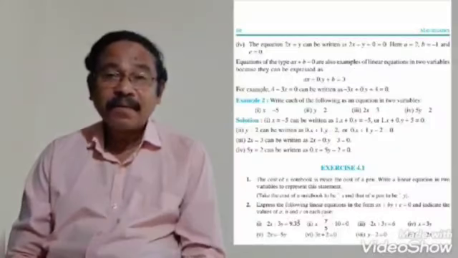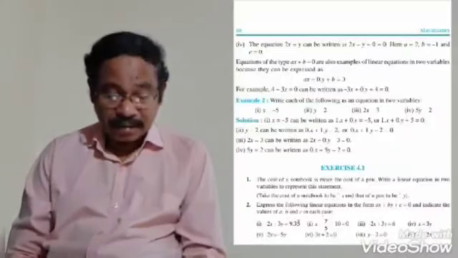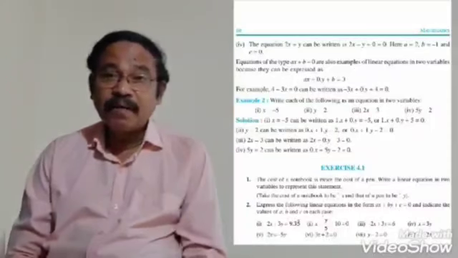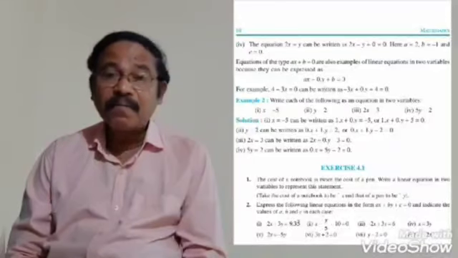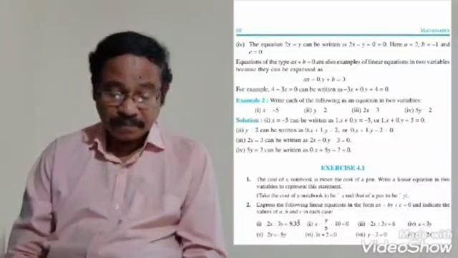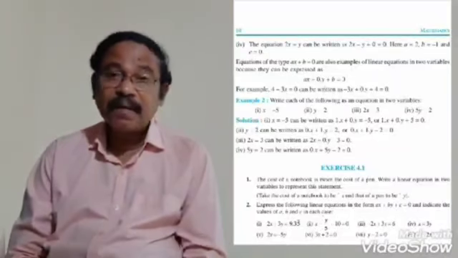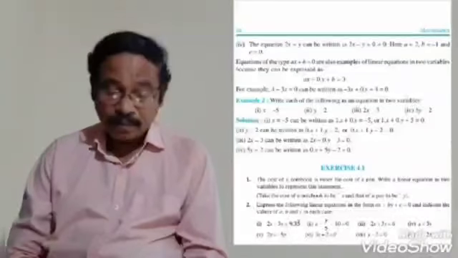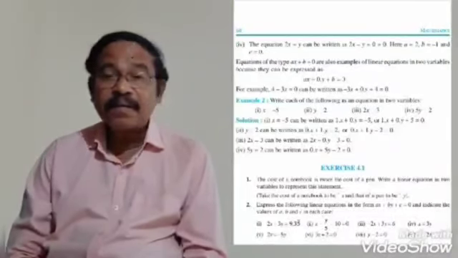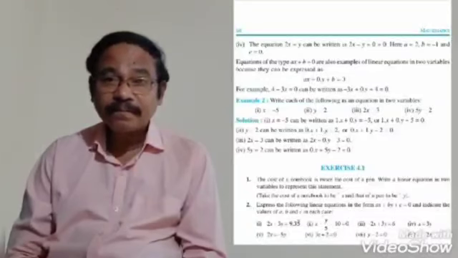Yes, the equation can be written as 2x plus 3y minus 9.3 bar 5 is equal to 0. So here a is equal to 2, b is equal to 3 and c is equal to minus 9.3 bar 5.